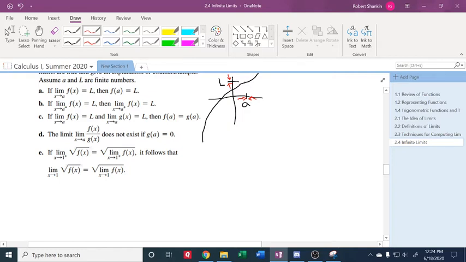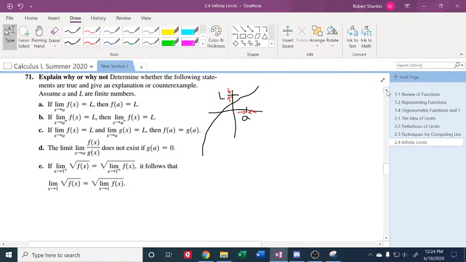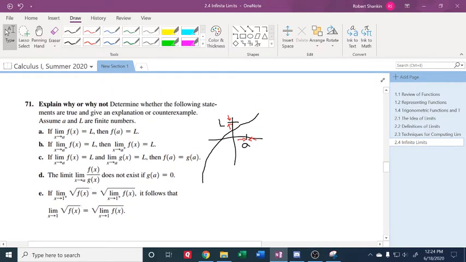If I squeeze in here, I get squeezed in up there. So if that's true, then must it be true that f of a is equal to L? Well, at first I might think this is true, but in actuality it is not true.